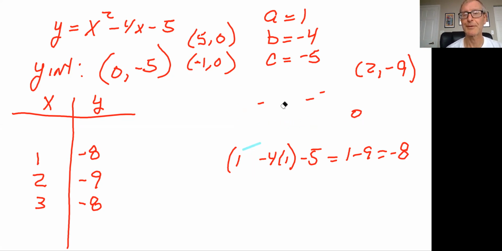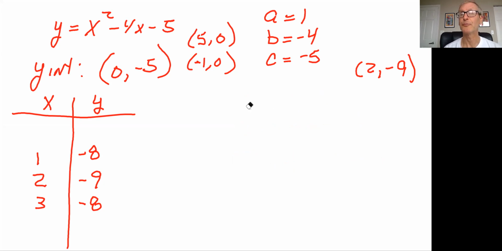Okay, so what's the last one? Well, the last 2 points are we want to move 2 from the vertex in both the plus direction and the minus direction. So if you add 2 to the x value of the vertex, you get 4. So what do we get here? 4 squared minus 4 times 4 minus 5.